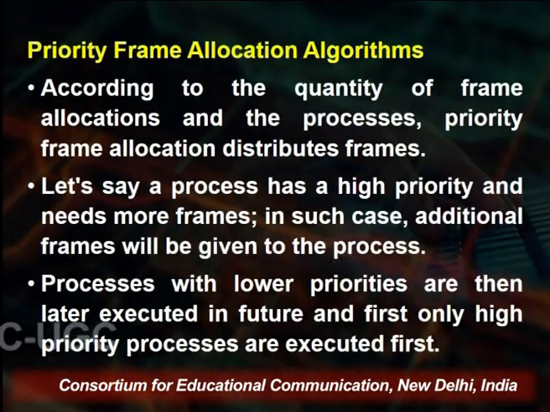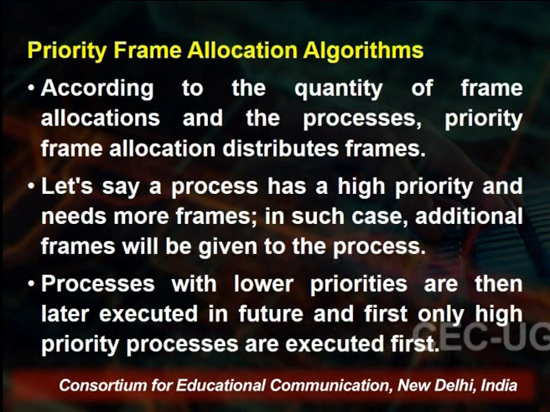Then the third and the last one, we have priority frame allocation algorithm. So priority, this is something which is not related to the size at least, but yes, according to the quantity of frame allocation and the processes, the priority frame allocation distributes the frames. So for example, when we talk about priority, we have various processes with varying priorities.